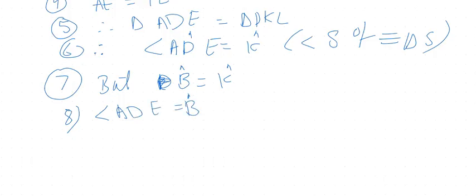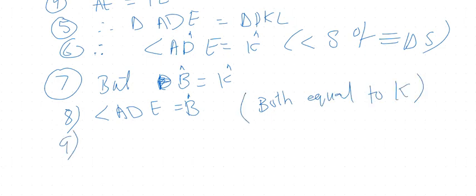So both equal to K. So the ninth point is that we have DE parallel to BC. Okay, corresponding angles are equal as we know.